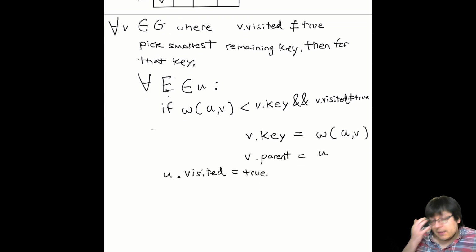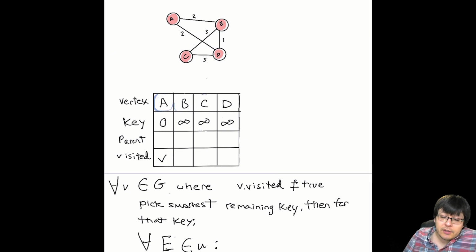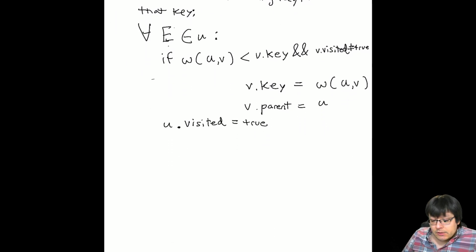Now, once you pick that vertex to work with, you're going to loop through all the edges that are coming out of that vertex, and then you're going to work with those, okay? So for example, in this case with A, we're going to work with edges A to B and A to D, and those are the two that we're going to be working with. Okay, so for each of those edges, you're going to check the weight of them.